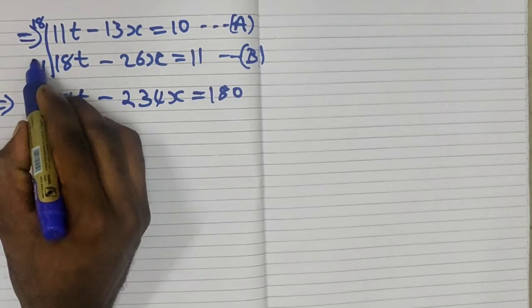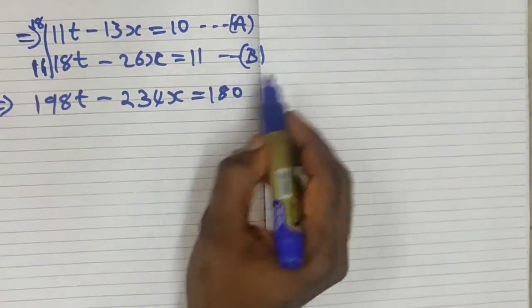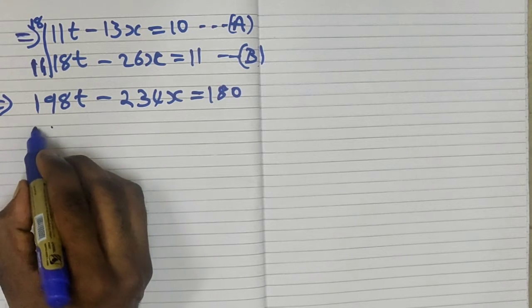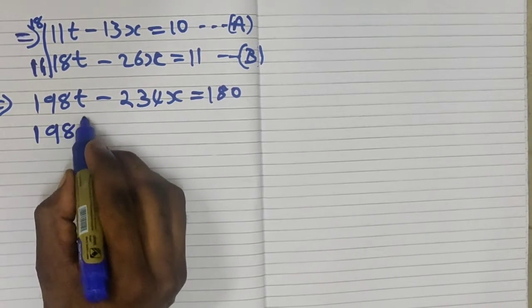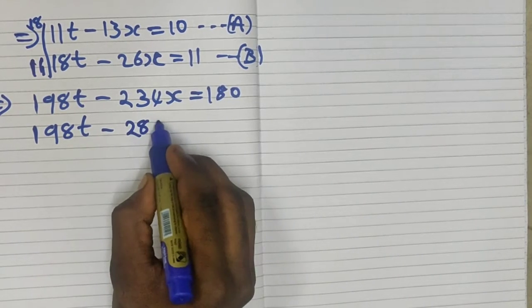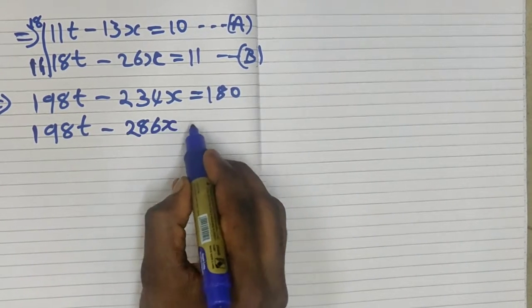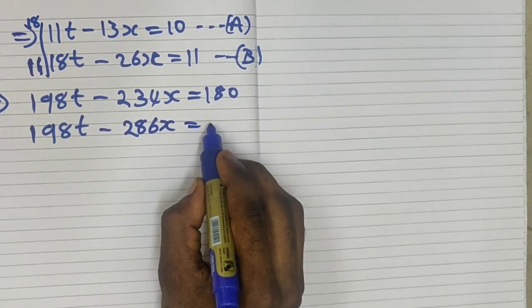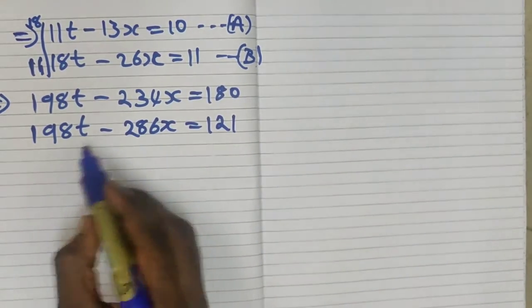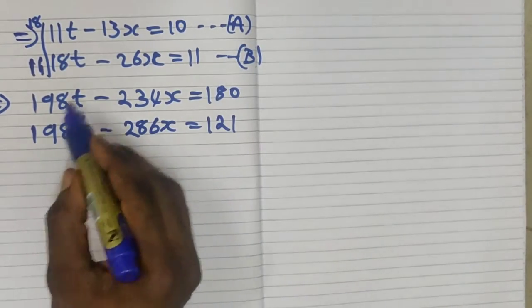You multiply 11 by this equation, we are going to have 198t minus 286x equals to 121. So as you can see, this and this can cancel.